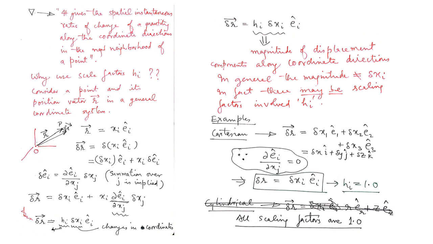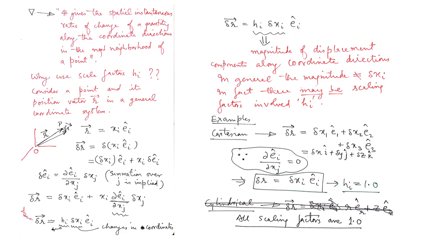If I do that, then mathematically it's possible to write all these things this way: point P has a position vector r, which can in general be written as xi ei. Again, summation over i is implied. I need not mention this again and again, because by now you should train yourself to recognize repeating indices and the corresponding summations.